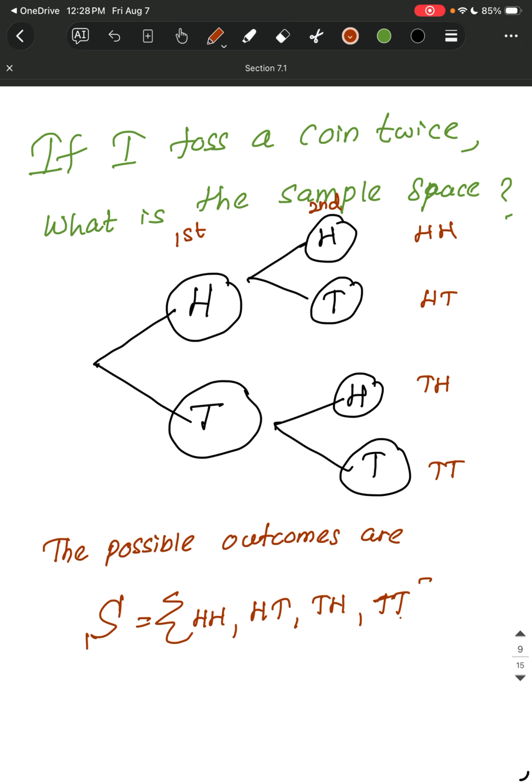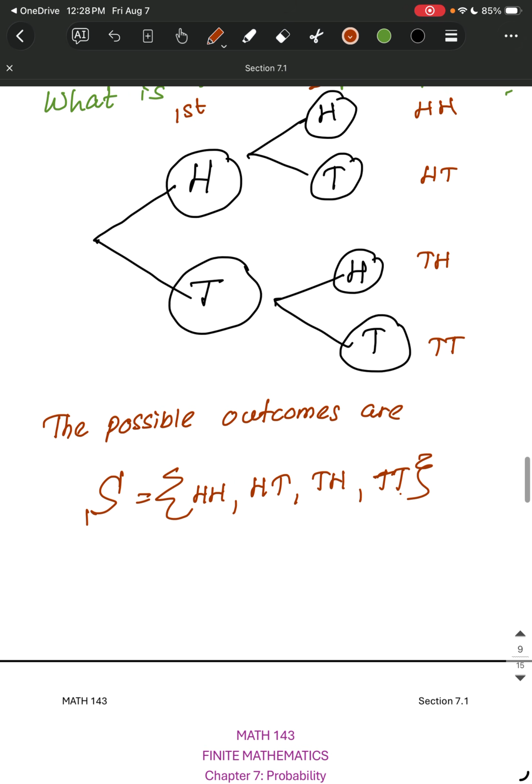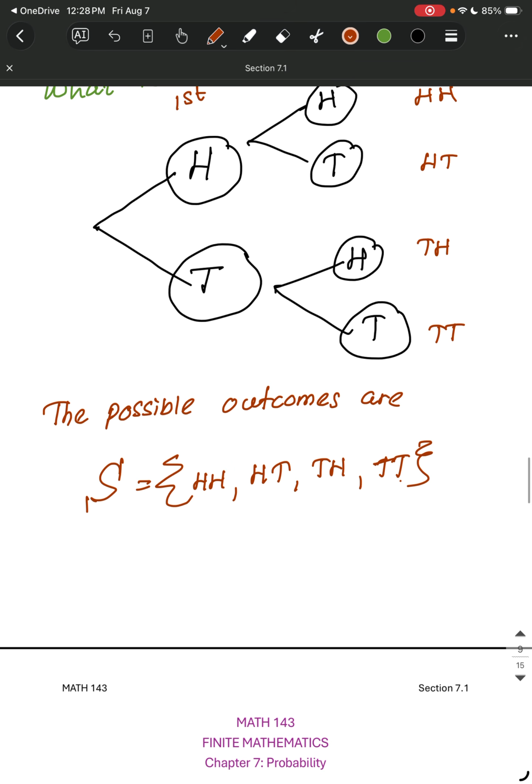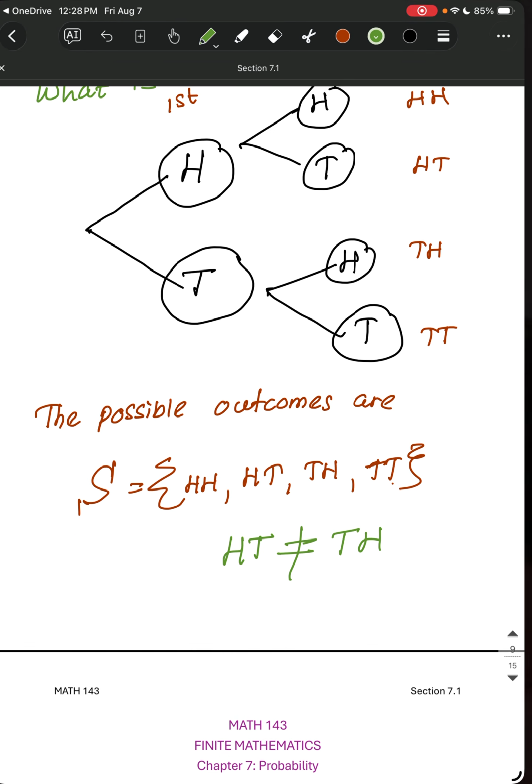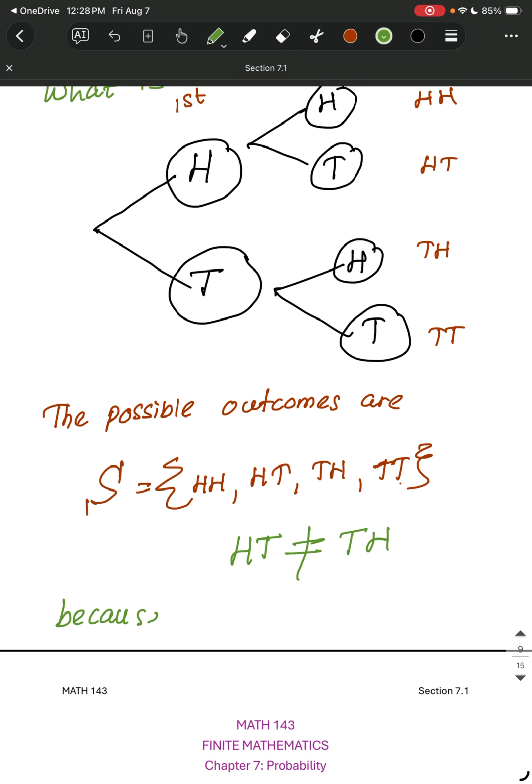So again, you can see head head, head tail, tail head, tail tail. Head tail does not equal tail head because the order of the tosses is different.